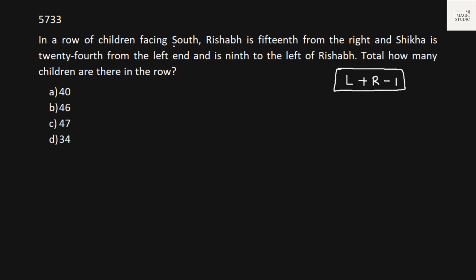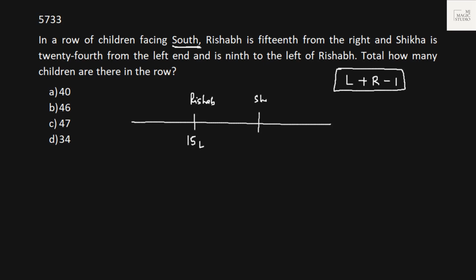In a row of children facing south, whenever we are reading it, the direction will change because we are facing north. Rishabh is 15th from the right. That means Rishabh is 15th from the left, as far as I am looking at these people. And Shikha is 24th from the left.